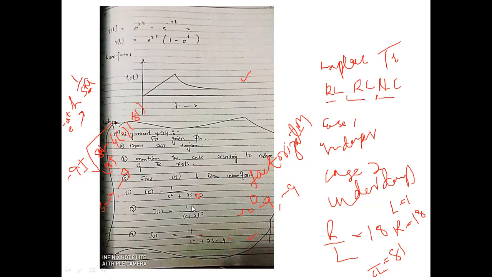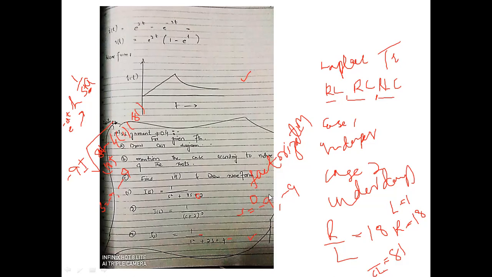I of s is equal to 1 over s plus 2 whole square. I of s is equal to 1 over s square plus 2s plus 4. These are the questions. Okay, these three are the questions, and for all of these three you have to draw the circuit diagram, mention the case, the nature of the roots, find I of t using the Laplace transformation, and draw the waveform for the corresponding case.